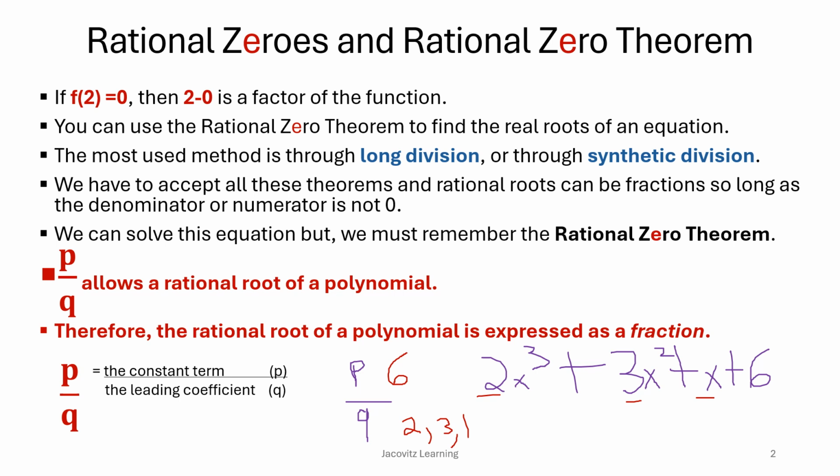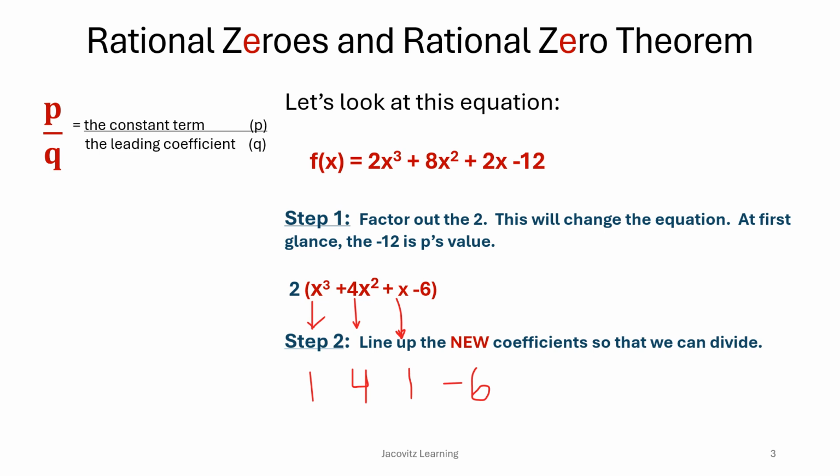Now, if you want to solve for them, the most common method used is long division or synthetic division. And long division, although it's called long, there is a quick way to do it. So let's look at this equation here: 2x cubed plus 8x squared plus 2x minus 12.